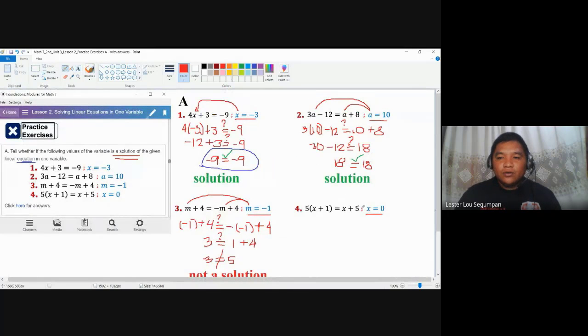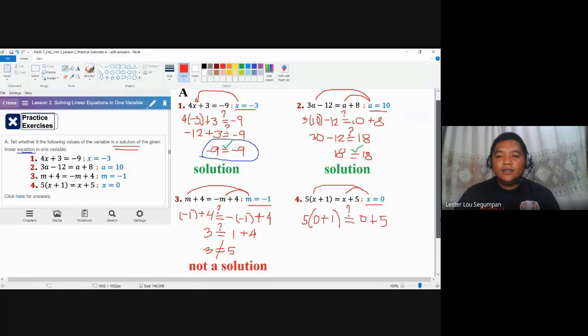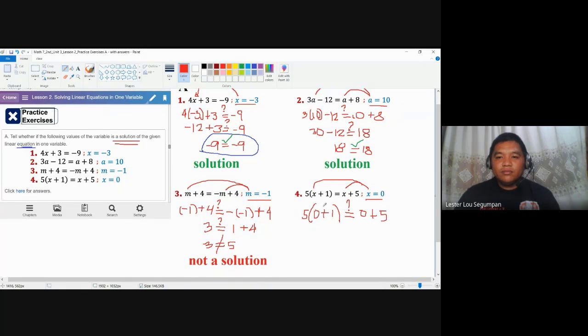And for the last item, do the same thing. Substitute to the given value of the variable. And you have 5 times the quantity 0 plus 1, is it equal to 0 plus 5? Here, do not distribute. Just simply use PEMDAS or GEMDAS, meaning the grouping symbol must be combined first before multiplication.